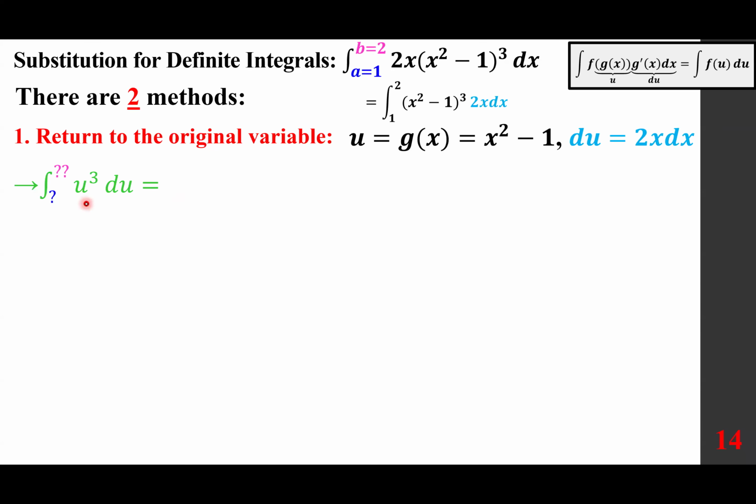So this is 1/4 u to the power of 4. Again, it doesn't matter what the limits are because we are going to go back to the original variable and write 1/4 (x squared minus 1) to the power of 4 from 1 to 2.